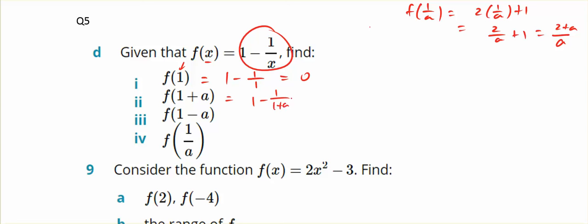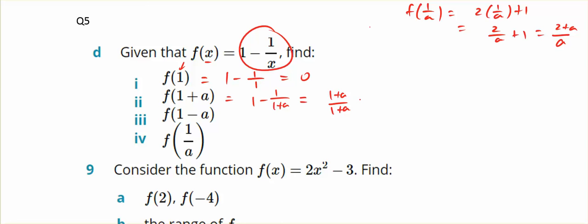Okay, f(1 + a) equals 1 minus 1 over (1 + a). Now I suppose you'll get confused as to how the book answers this. It's simply, I can change the 1 as a fraction, (1 + a) over (1 + a), because 1 + a on 1 + a is the same as 1, isn't it? Anything divided by itself is equal to 1.